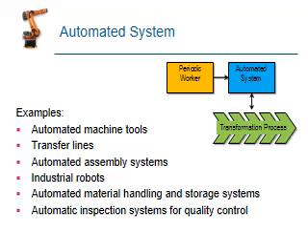Material handling and storage systems: many materials are moved from one place to another by the employee only. If the weight is increasing, it is injurious to the human, so here we introduce the robot for handling material from one place to another. This is an automated system. Another one is the inspection system for quality control.